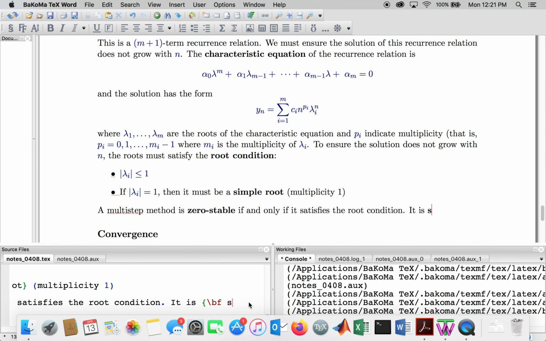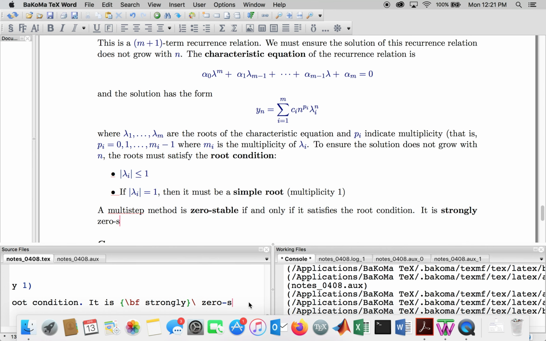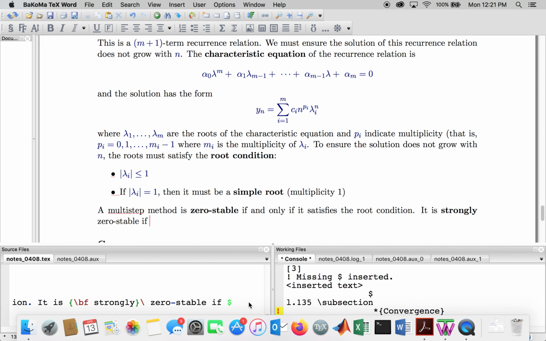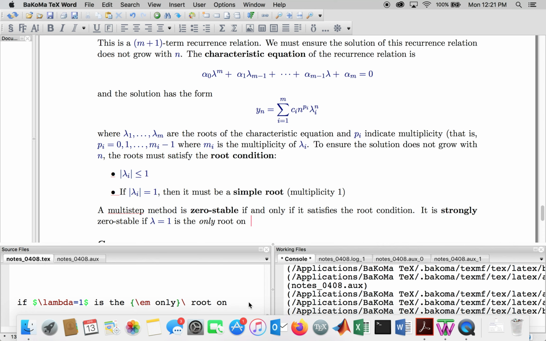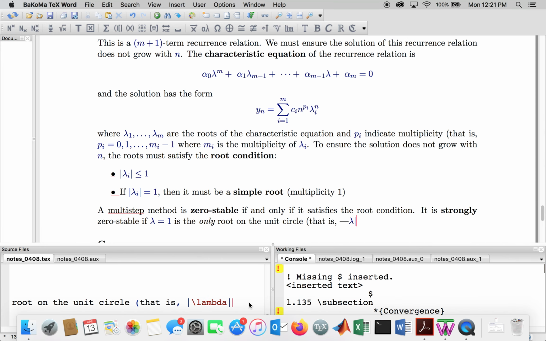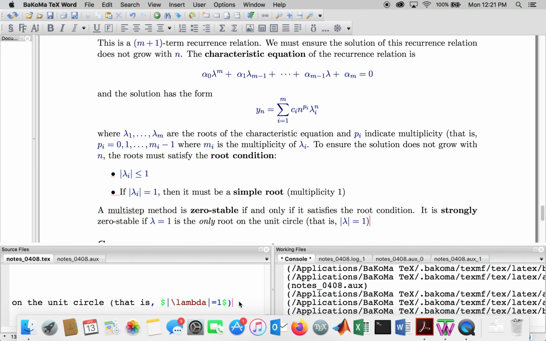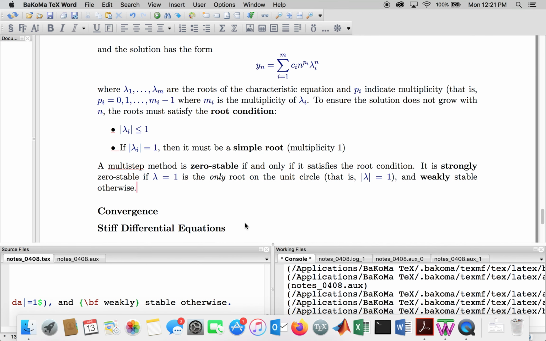It is strongly zero stable if lambda equals 1 is the only root on the unit circle. In other words, a magnitude equal to 1. And if that's not the case, then we say it is weakly stable.